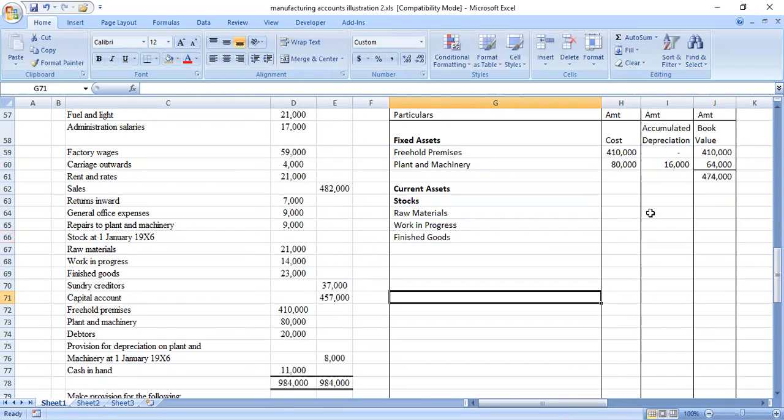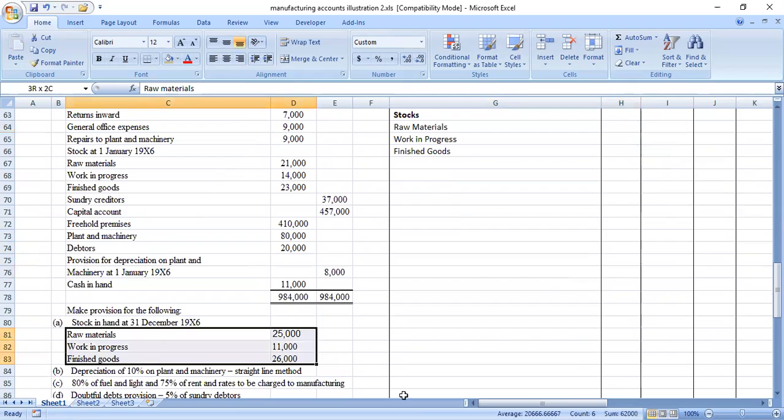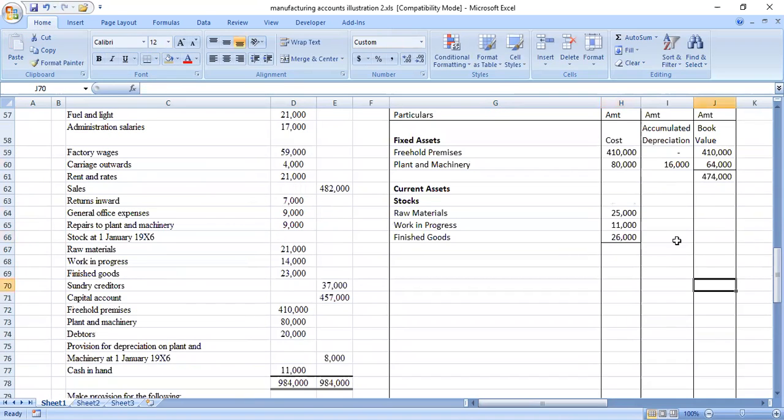So the stock as on 31st December of that particular year, in short, the closing stock. Sindio? Yes. So for the raw materials, it's 25,000. For work in progress, it's 11,000. And for finished goods is 26,000. Si hapo sawa? Yes. So inakuja ngapi? So the stocks in total is 62,000 shillings.